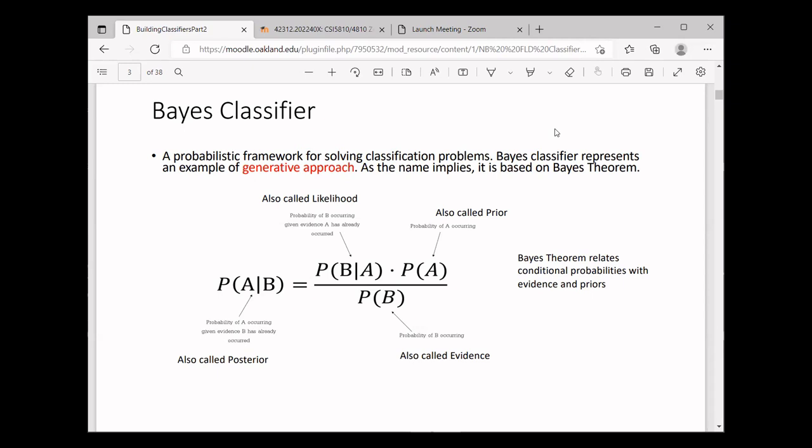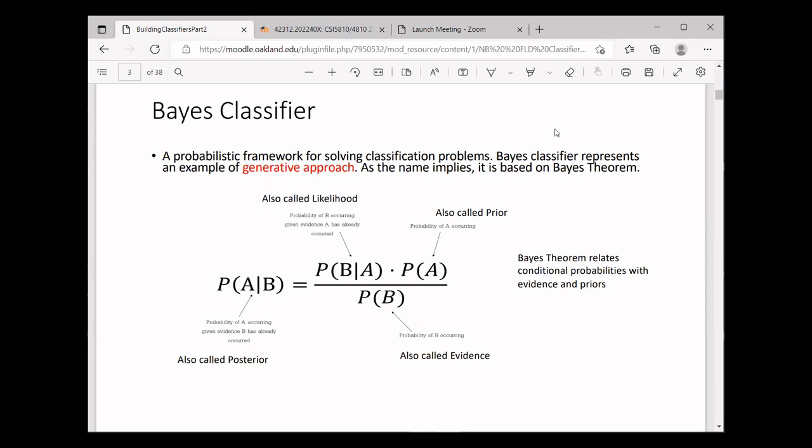So let's look at this Bayes formula that is shown here. So basically, we are saying here on the left-hand side, knowing that event B has taken place, or given that we know about B, what is the probability of A? And that probability is given by the formula that you have on the right-hand side.